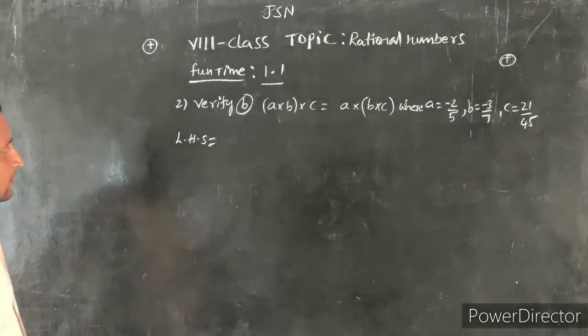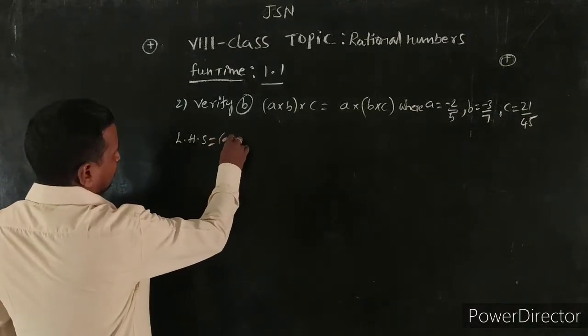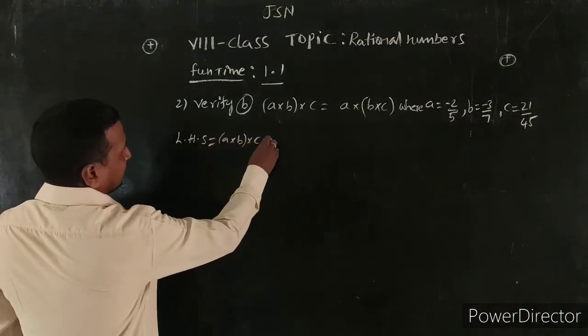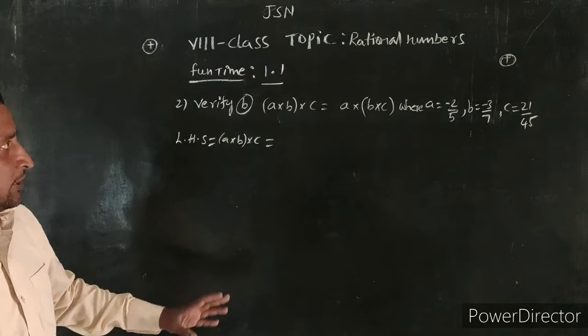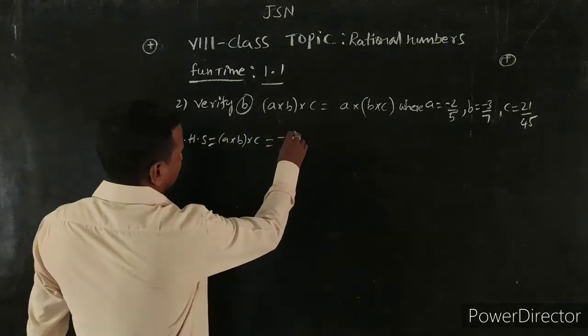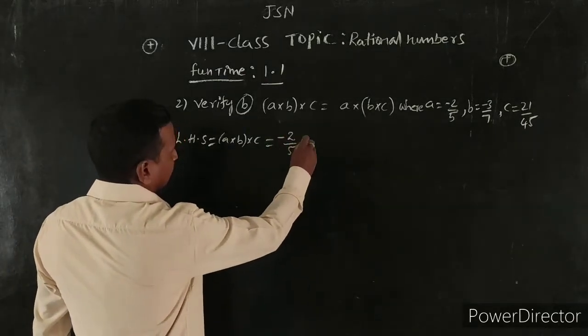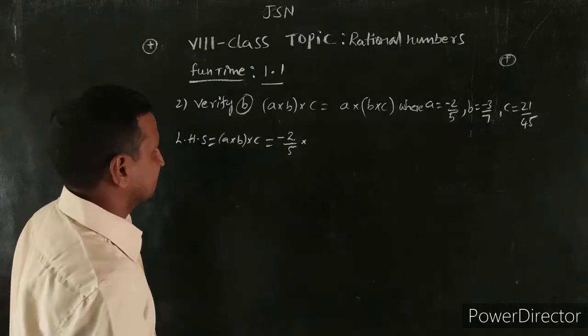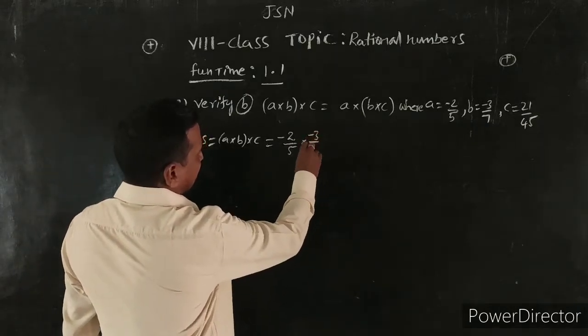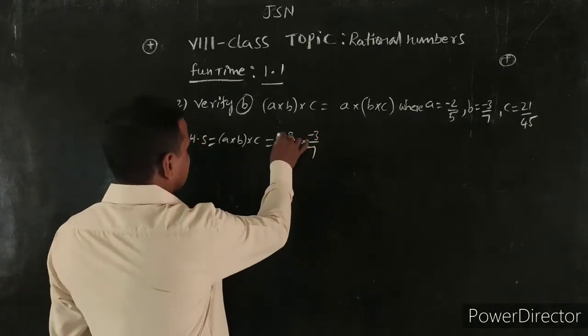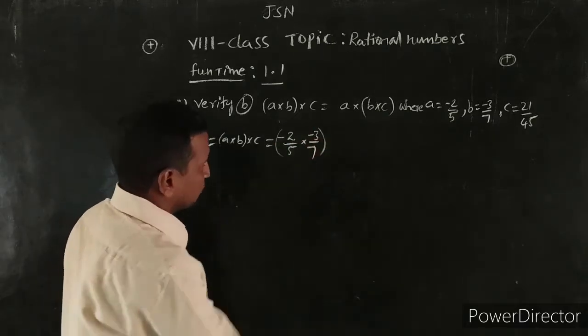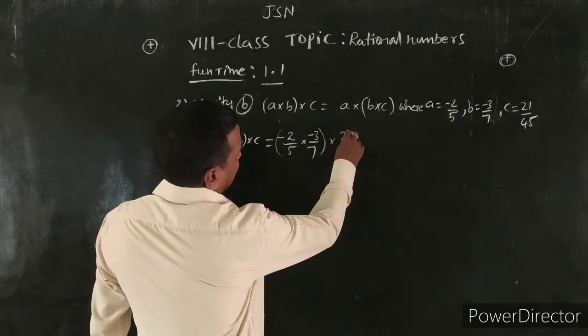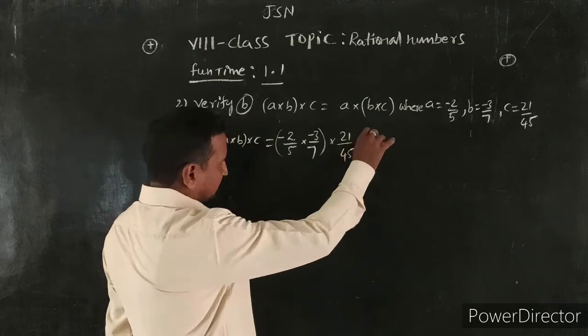LHS means bracket of A into B into C. Just substitute: A is minus 2 by 5 into B, minus 3 by 7, bracket close, into C, 21 by 45.